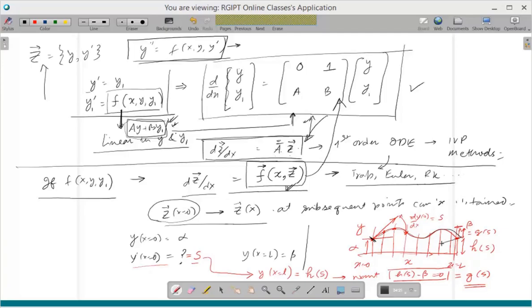Remember, j equal to 0 is not this point. j equal to 0 would be one complete IVP. Each j will correspond to one complete IVP solve, one complete march from left to right. So j equal to 0 will be the first march from one boundary to the other boundary.